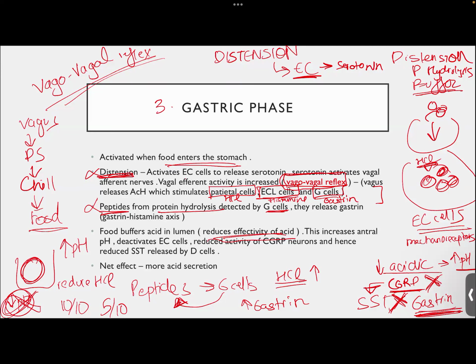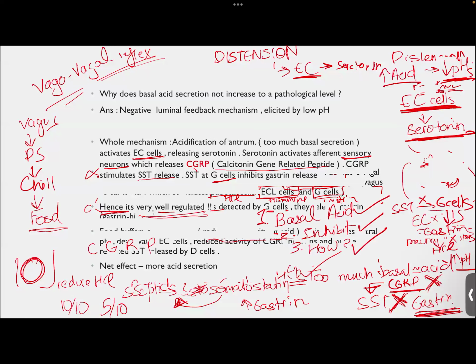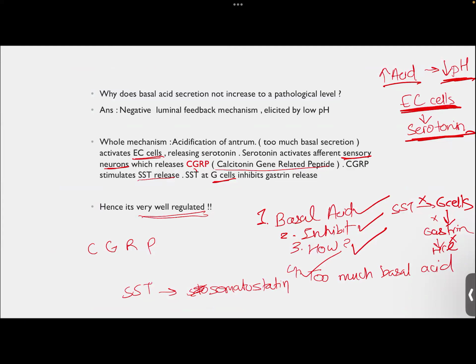And I'm going to take you back to this slide so that you can completely understand this. If there is a decrease in pH, then you have EC cells activated and serotonin is released. Serotonin leads to the release of this neurotransmitter called calcitonin gene-related peptide. Calcitonin gene-related peptide leads to a release of somatostatin, and somatostatin inhibits gastrin. This is the case when we have low pH.